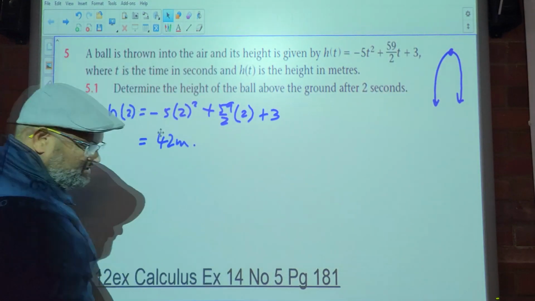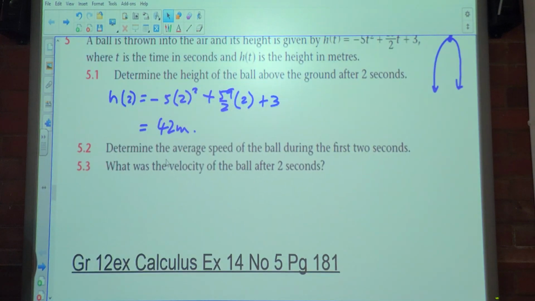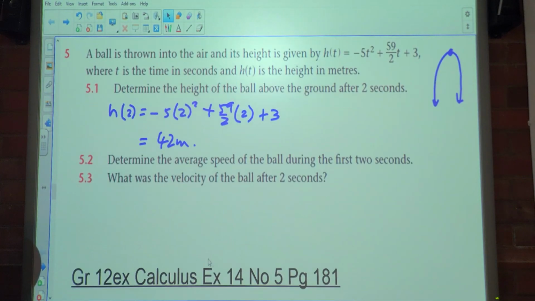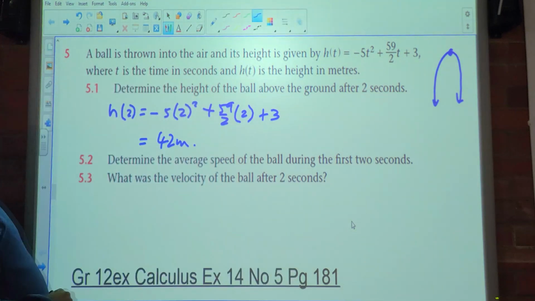Question 5.2, we are told to determine the average speed of the ball during the first 2 seconds. As we would have worked out our average gradient, we work out our average speed as well.